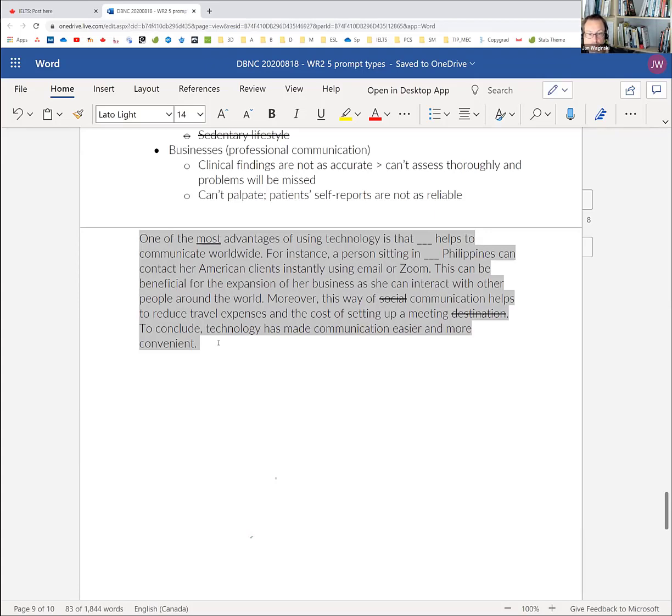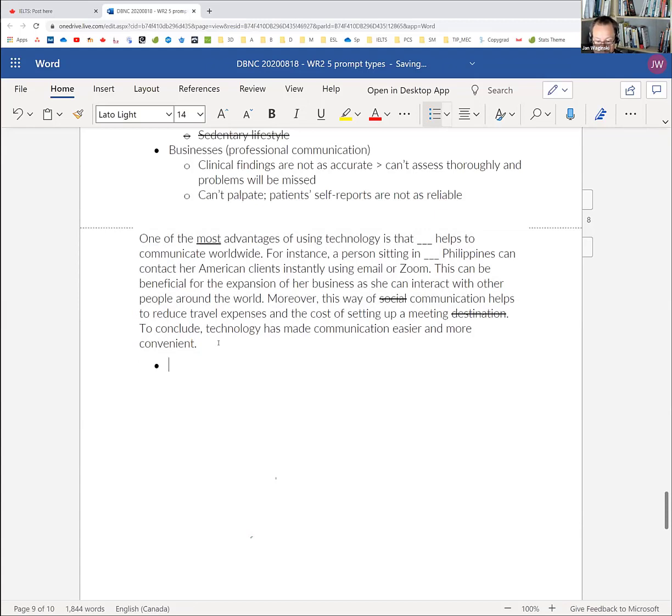The example. It's always in the instructions that you need reasons and you need examples. So those are not optional, those are requirements of the task. So you get a band 6 on task achievement if there's no example.